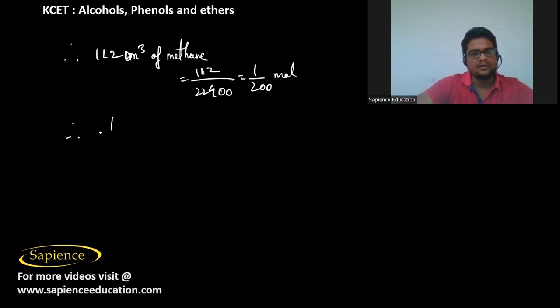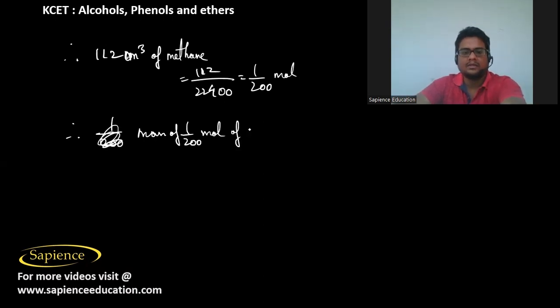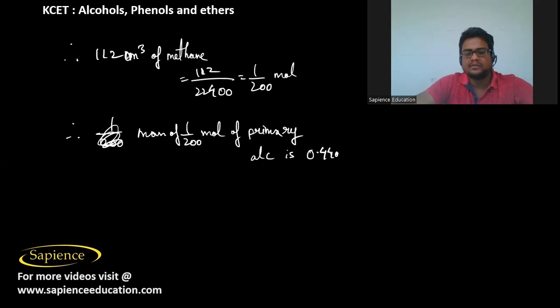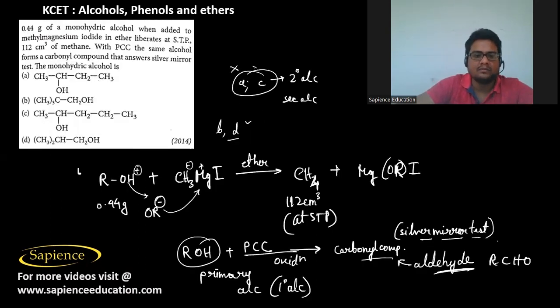So the mass of 1 by 200 mole of the primary alcohol is 0.44 gram. Since here we can see that 1 mole of this primary alcohol will give 1 mole of methane.